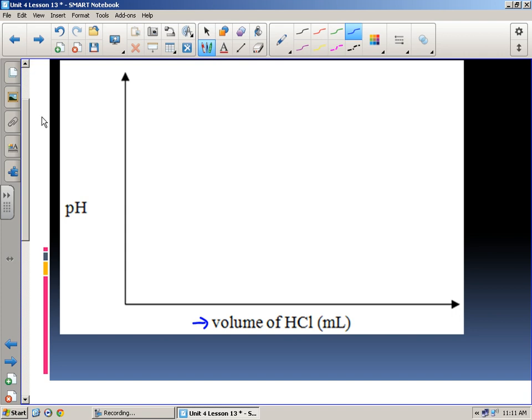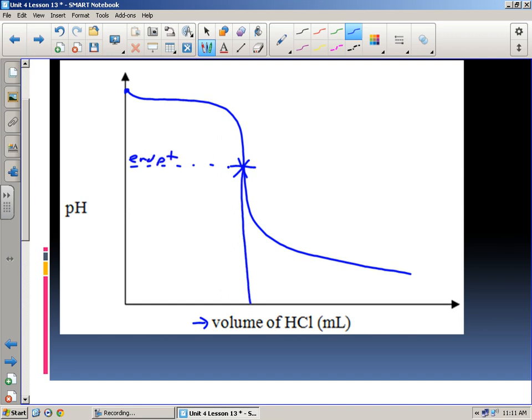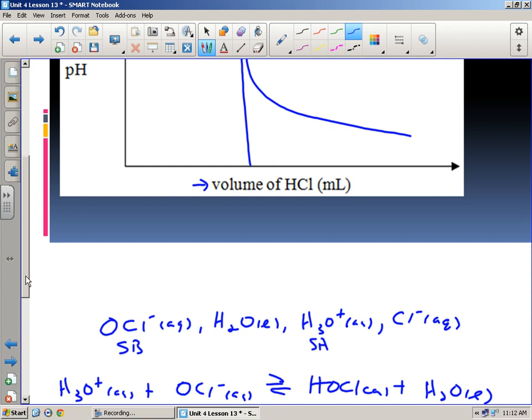Usually what happens with these ones is, like I said, kind of dips down a little bit, and then drops like so. That right there is going to be your end point. And we'll come back to that in a second. I do know that my equivalence point is what I've just calculated, of course. This would be your equivalence point here. And that is, what did I say, 24 milliliters? 24 milliliters. Okay.